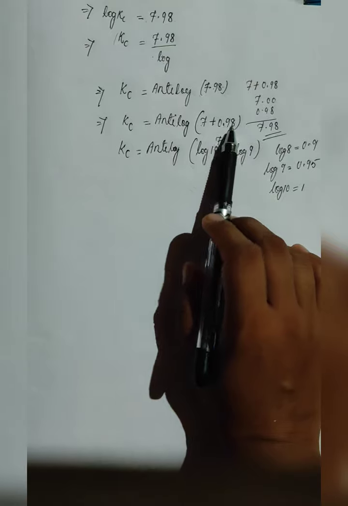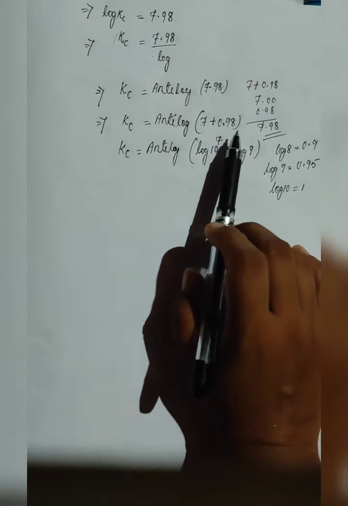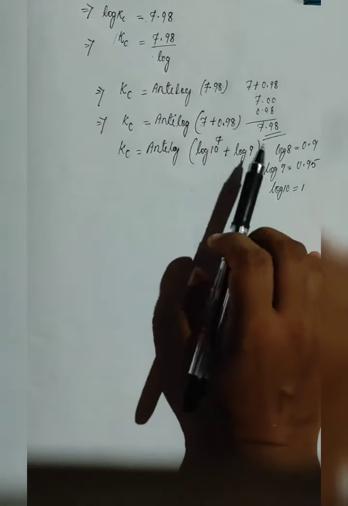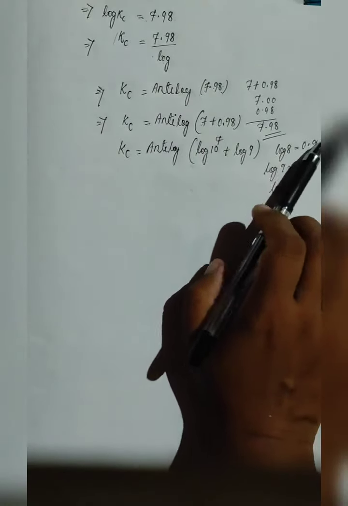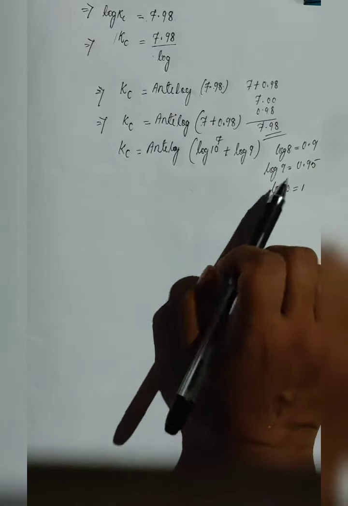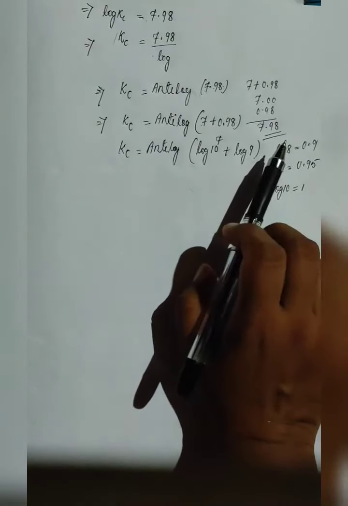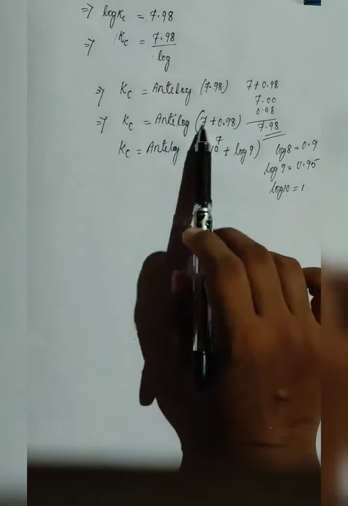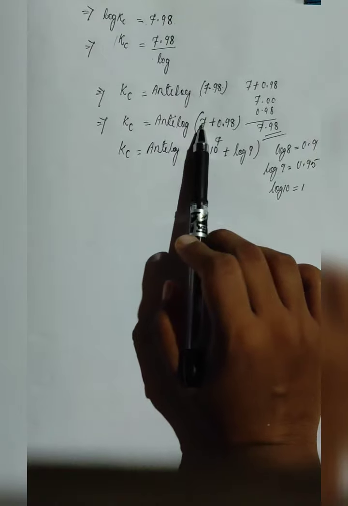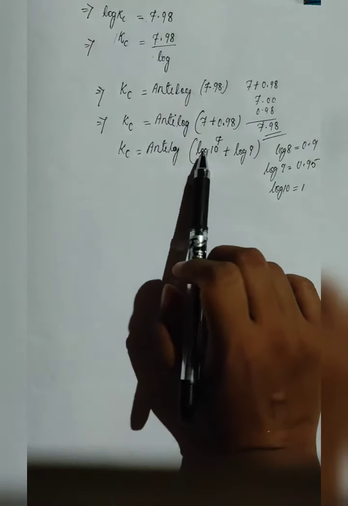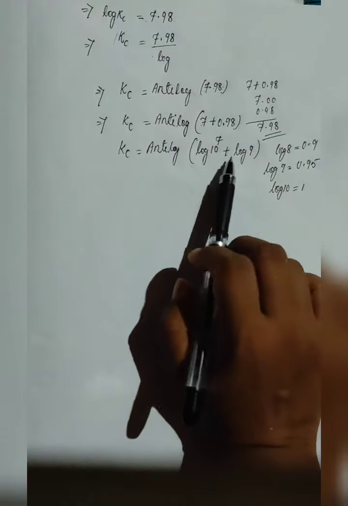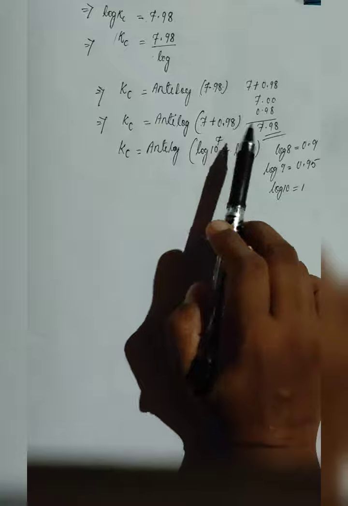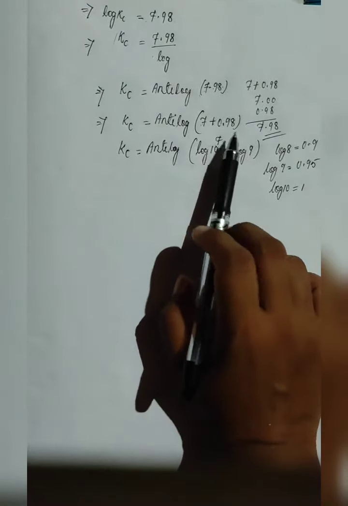Because for 0.98, we have to write that log which has the closest value to 0.98. So log 8 value is 0.9, log 9 is 0.95, log 10 is 1. Which will be the closest value to 0.98? It will be log 9. So when we are doing anti-log, the first value given we will put as log 10 to that power, plus we will search the closest value in the log table and we will write the log. So in this case it is log 9.